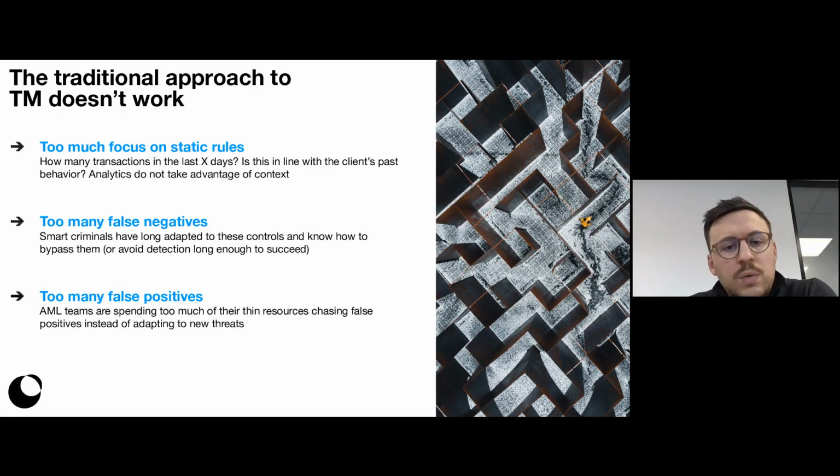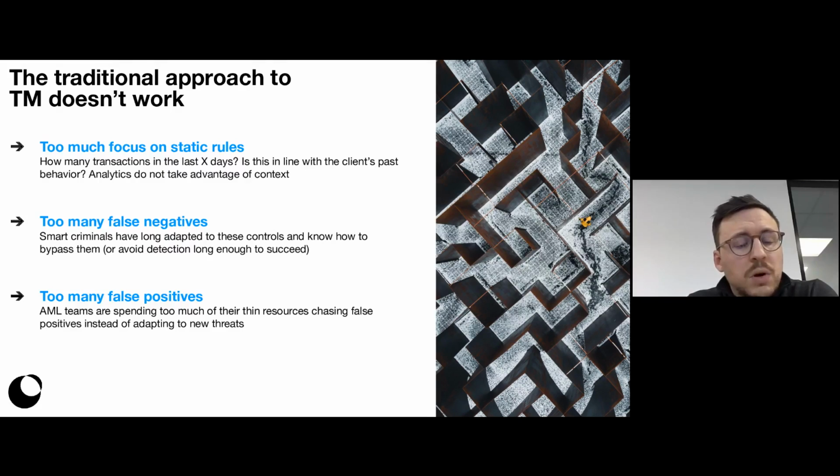Is this in line with the specific client's past behavior? Those kinds of analytics do not take advantage of a wider context that would allow making the jump from an isolated view to a more extended network, for example. It generates usually too many false negatives.